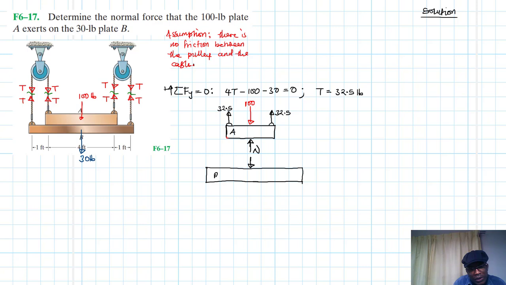This is plate B, and plate B also has its own weight, which is equal to 30 pounds. And then we have T there of 32.5 and T there of 32.5.